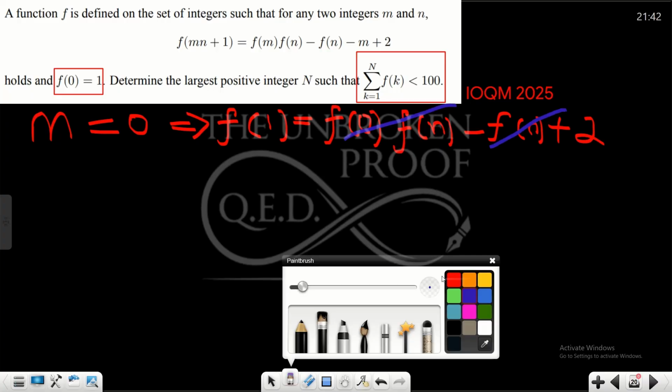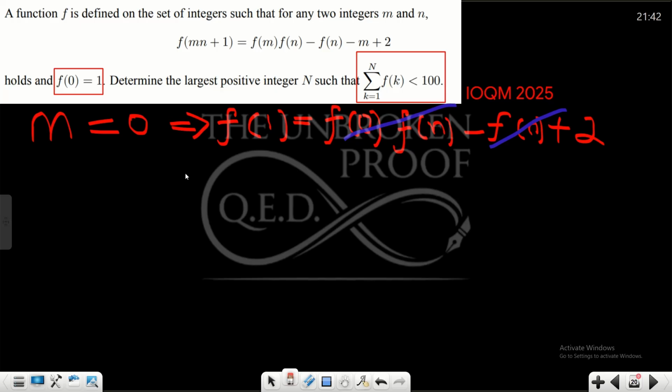Then you are finally left with f of 1 as 2.